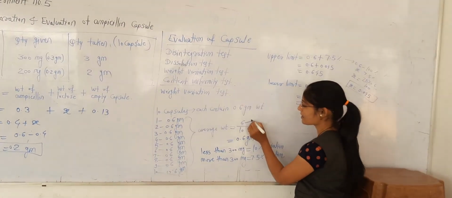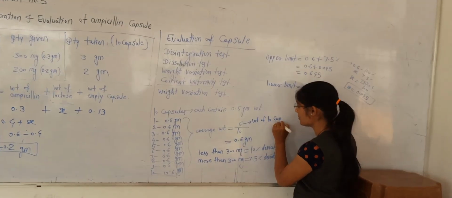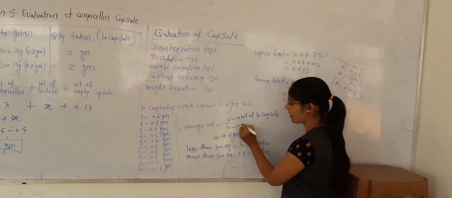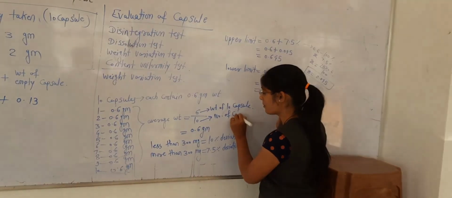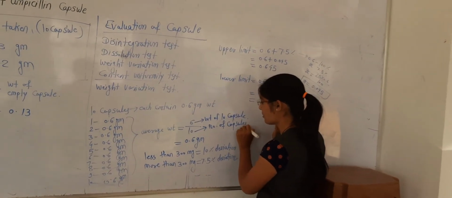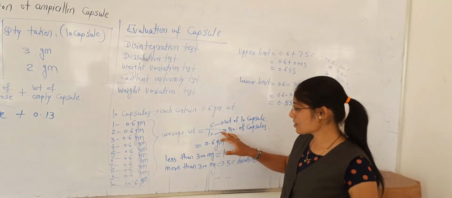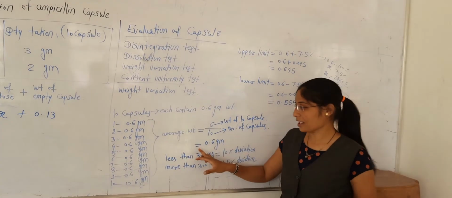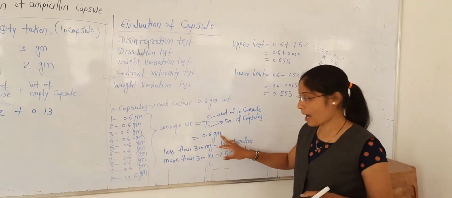Here this 6 is the weight of 10 capsules and this 10 is the number of capsules. By using the weight of 10 capsules and the number of capsules, we can determine the average weight. So the average weight of the 10 capsules is 0.6 gram.